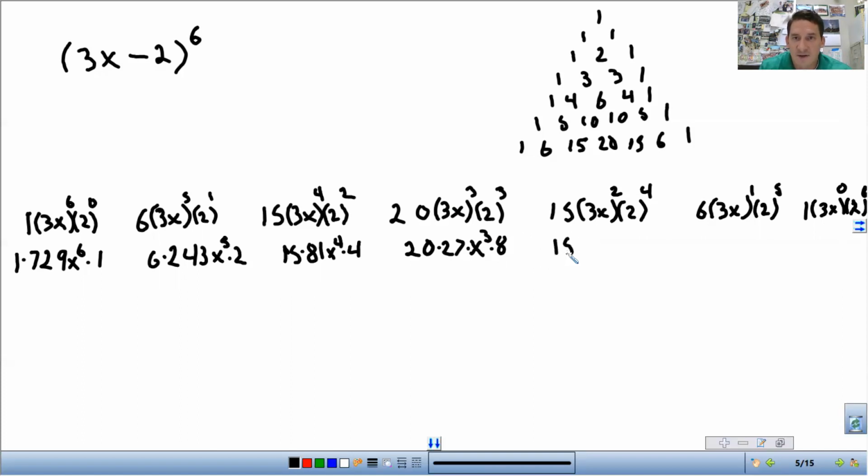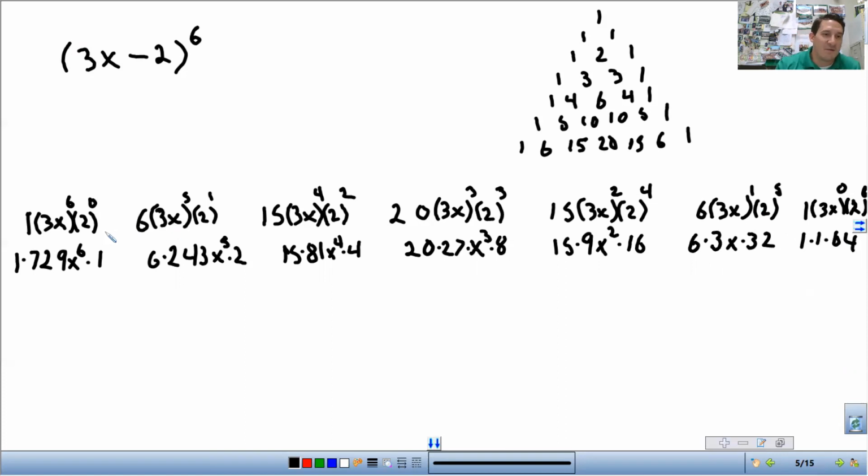And then this is 15 times 3 squared, which is 9, x squared, 2 to the 4th is 16. And then this is going to be 6 times 3x. 3 to the 1st is 3, x to the 1st times 2 to the 5th, which is 32. And then the last one, 3x to the 0 power is 1. And then 2 to the 6th is 64.